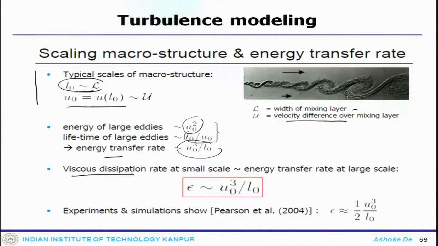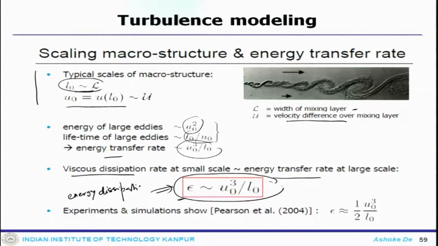Now, the viscous dissipation rate at small scale must be of the same order as the energy transfer rate at the large scale. That is how the energy balance is maintained, and epsilon, known as the kinetic energy dissipation, can be estimated like this.